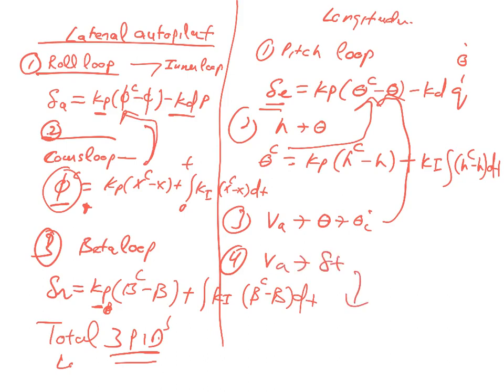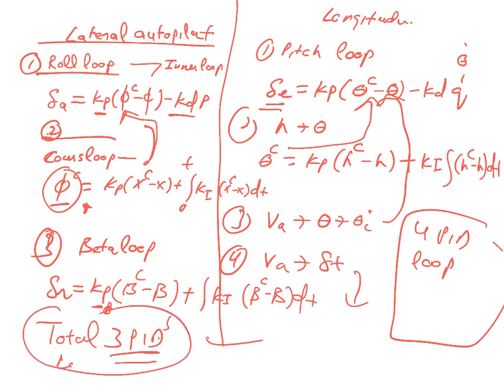So these are four PID loops here. In total, you will have to write 7 PID loops, or 7 PID functions that you can call again and again depending on which state you are in.